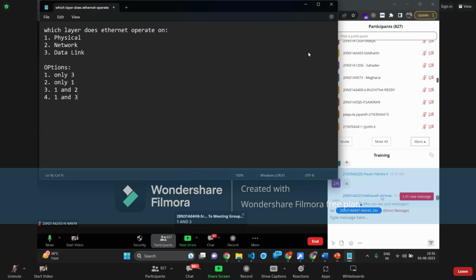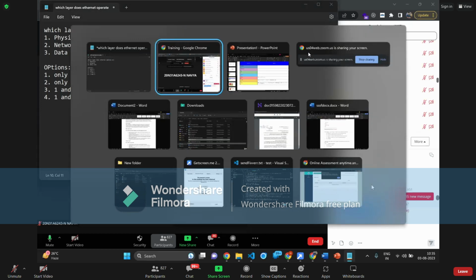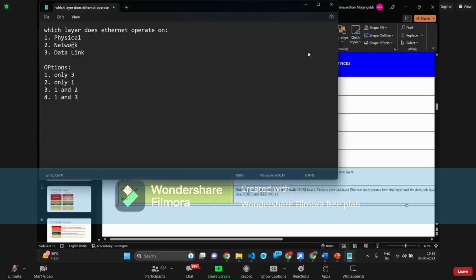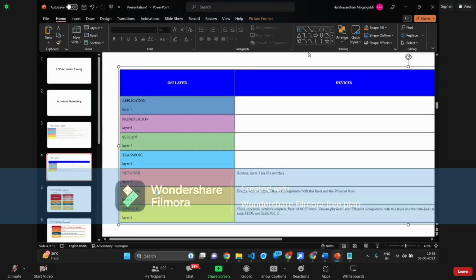Answer is 4, right? So Ethernet operates both on the physical layer and data link layer. Now, next, good.